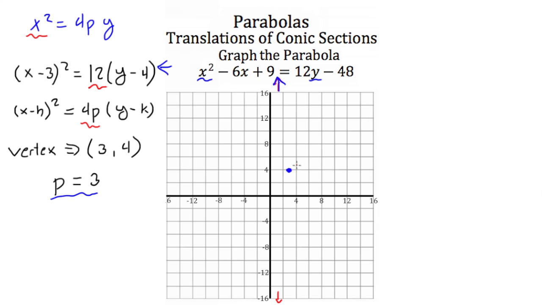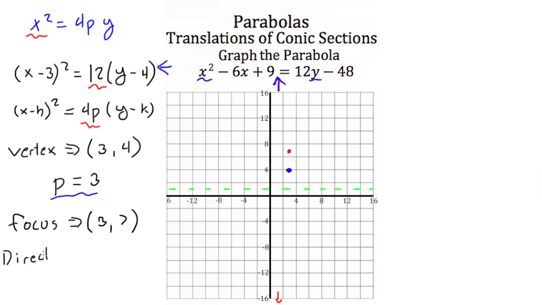So if I go to my vertex, which is at the point 3, 4, and I move upward, because that's the direction that my parabola is opening, 3 units, or a p of 3, I'll come to this point right here. This is my focus. My focus is at the point 3, 7, because it's 3 units, or p units, above my vertex. I can also go down 3 units and find my directrix, which would look something like that.